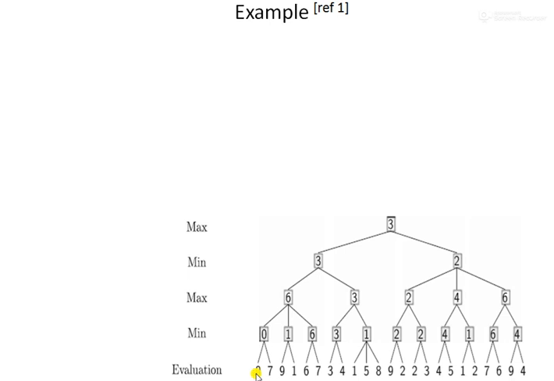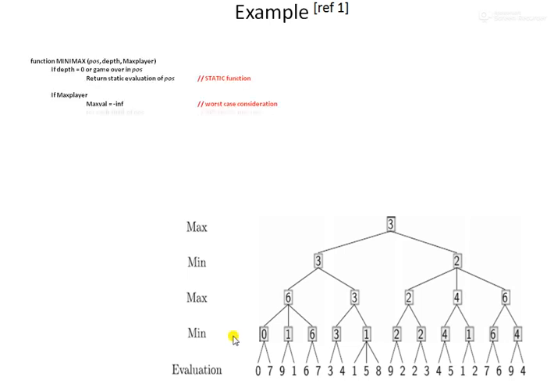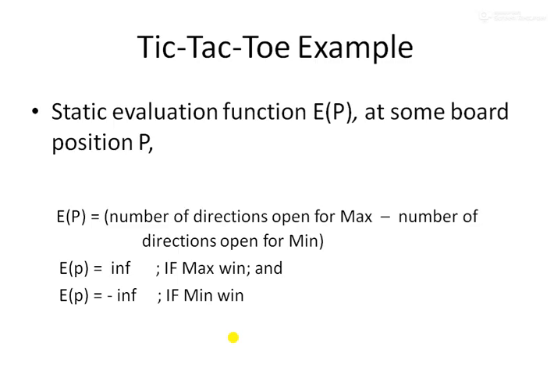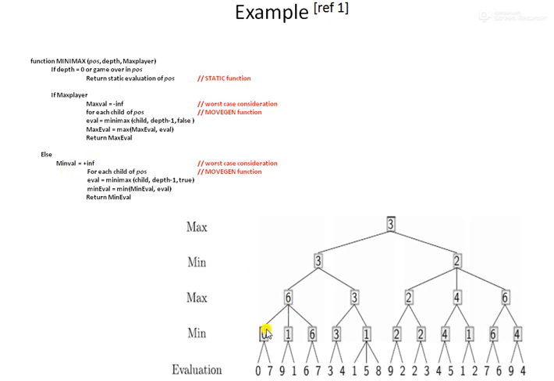So here the evaluation values are, say, for this particular one. Because it is a DFS, it will go down the left hand side and come here. After that there are no children, so the evaluation function is called there. So it is 0 and 7, suppose it has two possible moves, right? So let me see the code here. The min value here in this case is positive infinity, right?